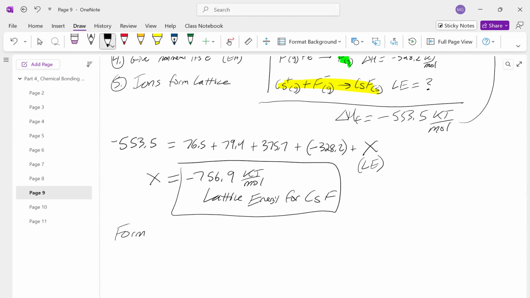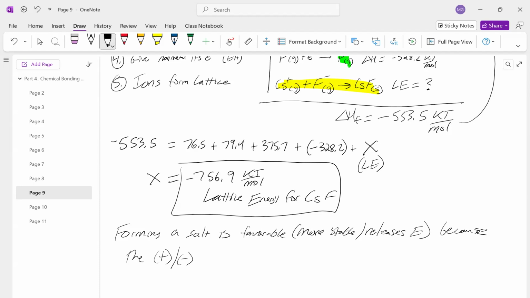Forming a salt is favorable, and when I say favorable, I mean more stable, releases energy, because the positive and negative attraction in the lattice is highly stabilizing.